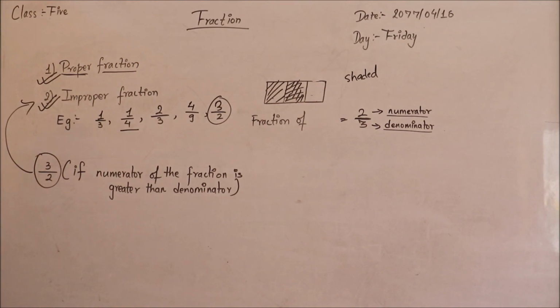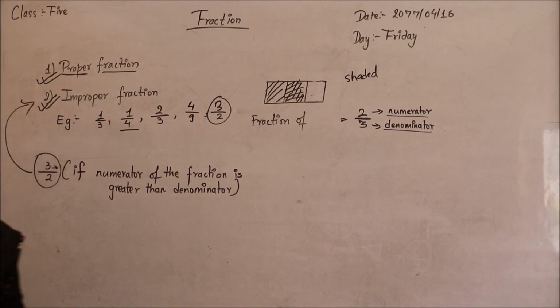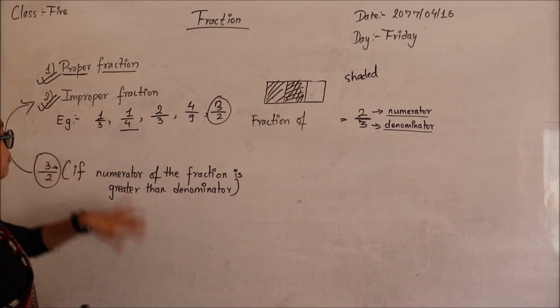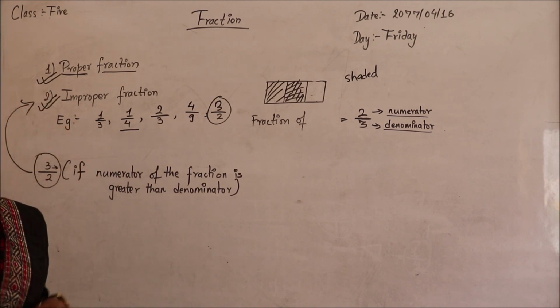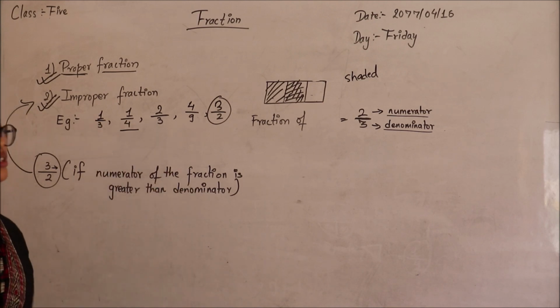Again, I am saying why. The numerator is greater than 2. That's why this fraction is an improper fraction. After knowing what is proper fraction and what is improper fraction, there is also one mixed fraction that I will teach you later.